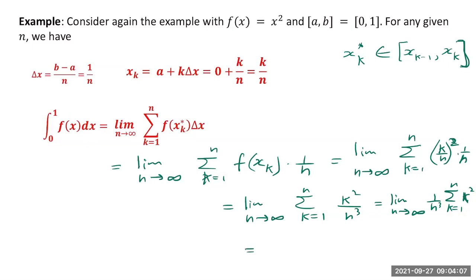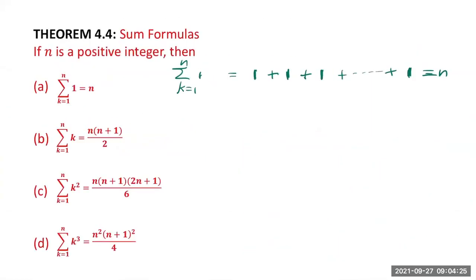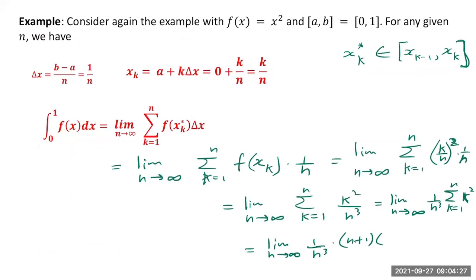So this whole thing will be equal to the limit as n approaches infinity, 1 over n cubed times n times n plus 1 times 2n plus 1.